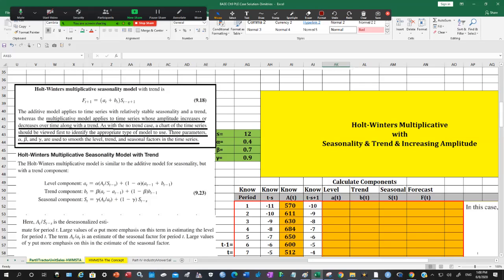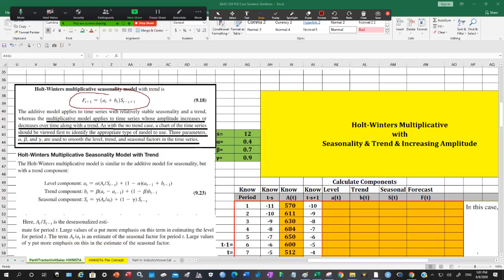There are plenty of formulas, a lot of formulas, as you see here to the left, but I have broken it down into small steps so that the whole process will be explained with numbers, and I hope that it will be very clear as to what is going on. So here is the model.